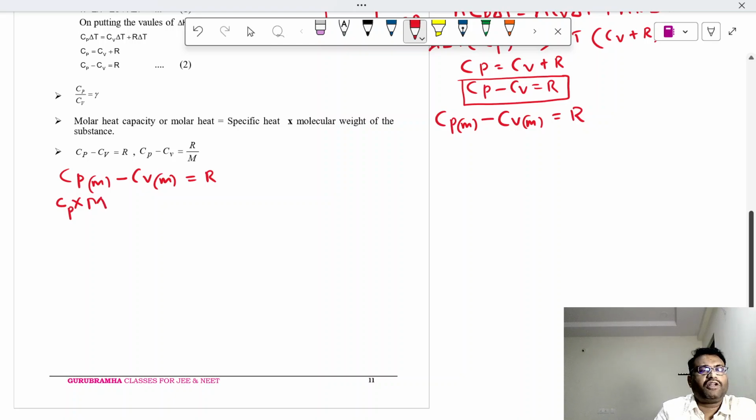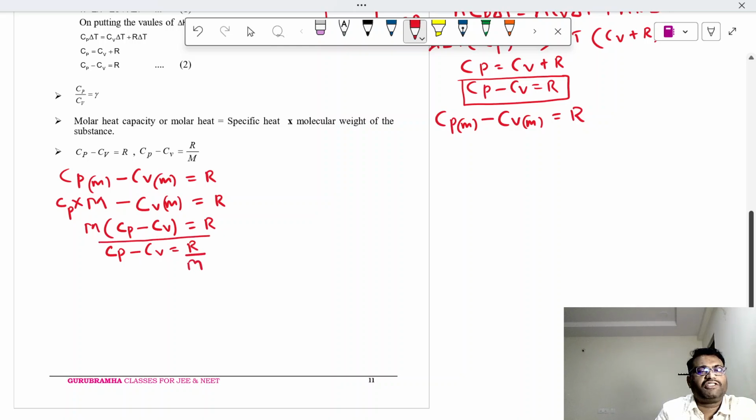Taking molar mass common, specific heat at constant pressure minus specific heat at constant volume is equal to R by M.